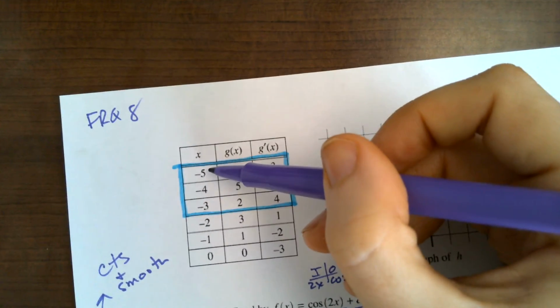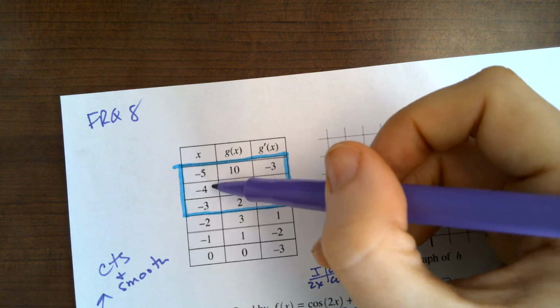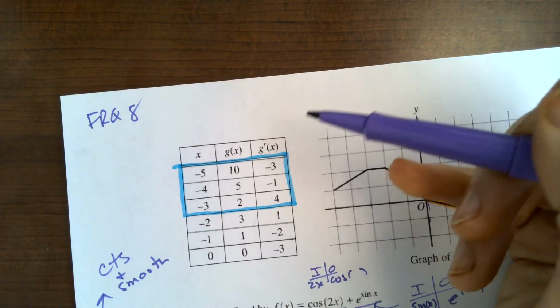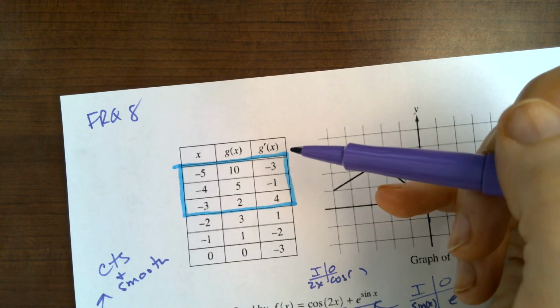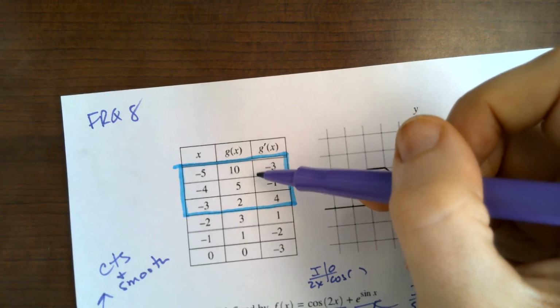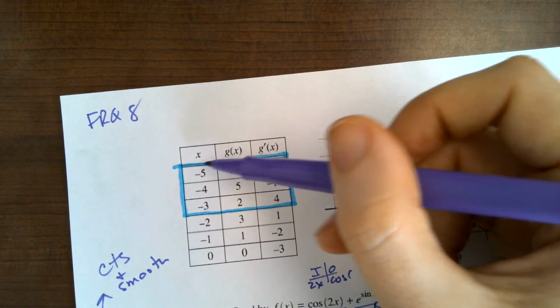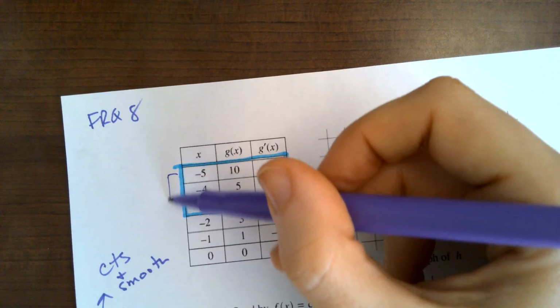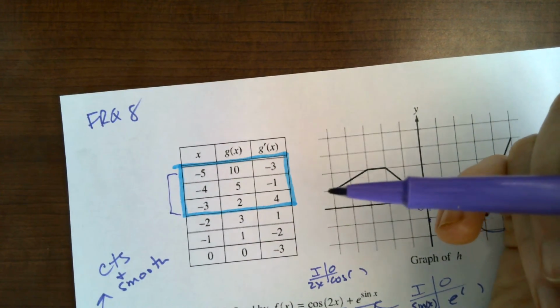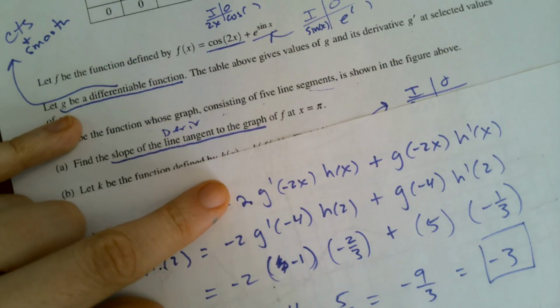A subinterval would be maybe -5 to -4 or -4 to -3. Hopefully I'm going to get the average rate of change from here to here to be -4.